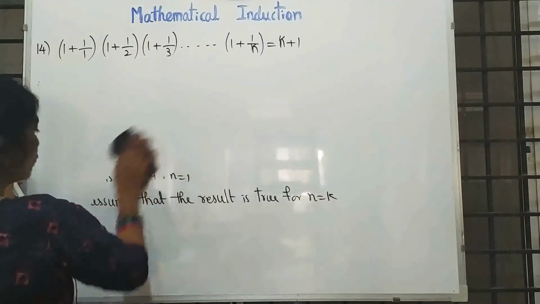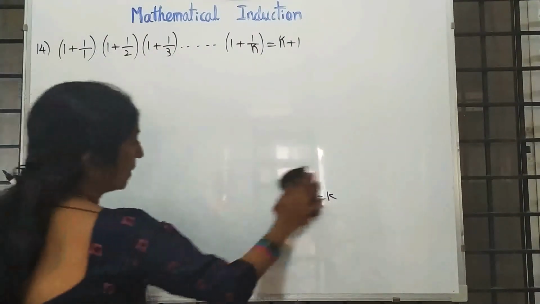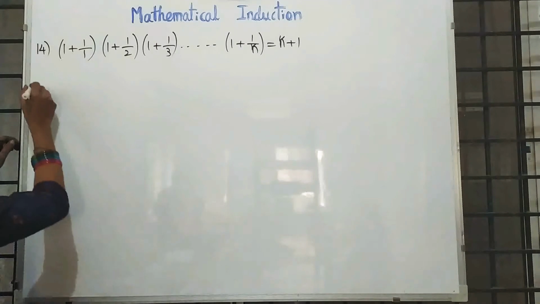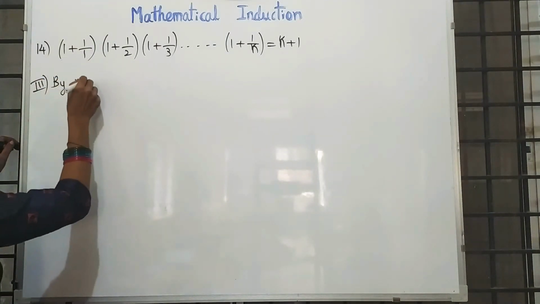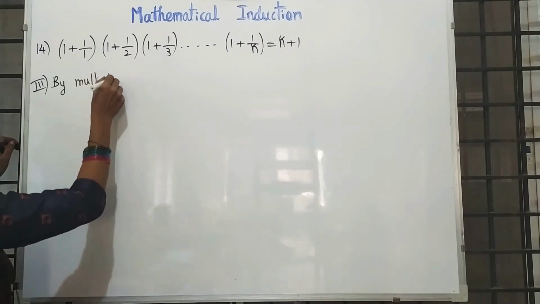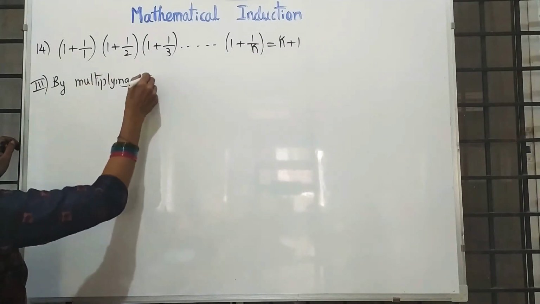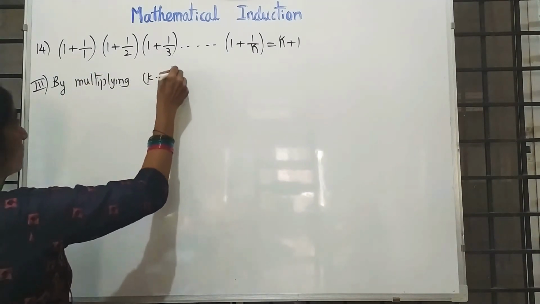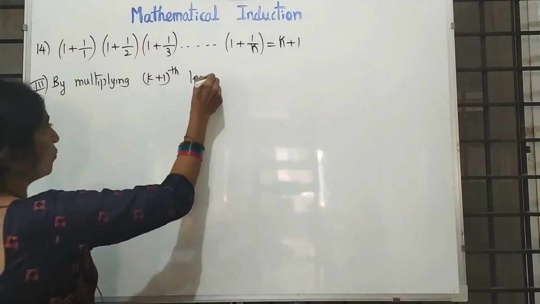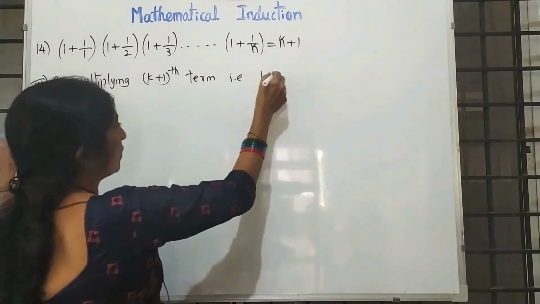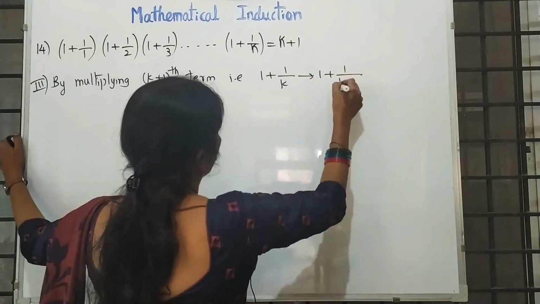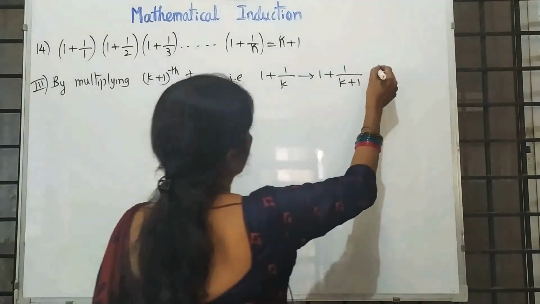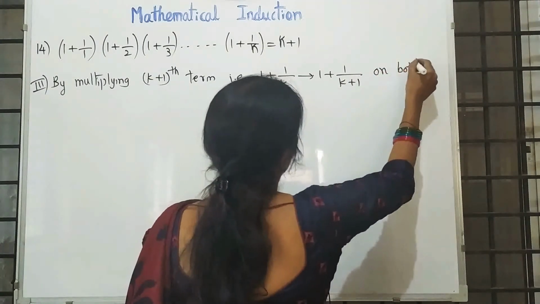Third step, as usual, we have to multiply, multiplying both the sides by the k plus 1th term. How to find that? 1 plus 1 by k, 1 plus 1 upon k plus 1 on both the sides.